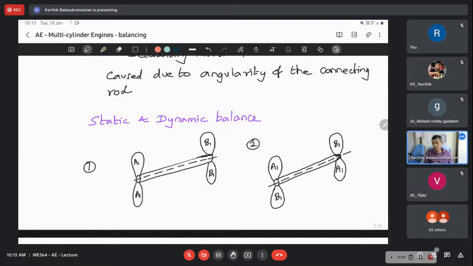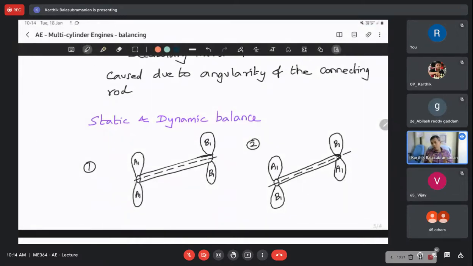Of the shaft, right? So there will be dynamic imbalance. So this is about static and dynamic balance, even within mechanical balancing. So you have to understand within mechanical balancing, there is static and dynamic balancing involved, and also there are primary inertia forces and secondary inertia forces.